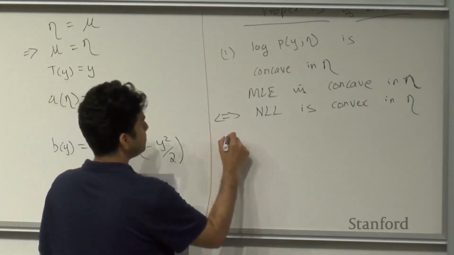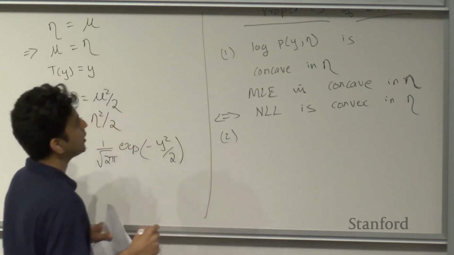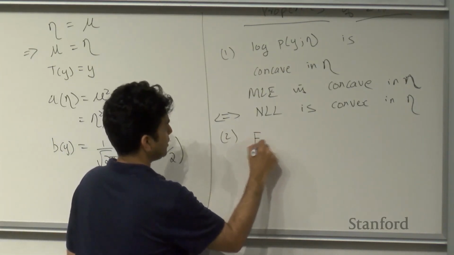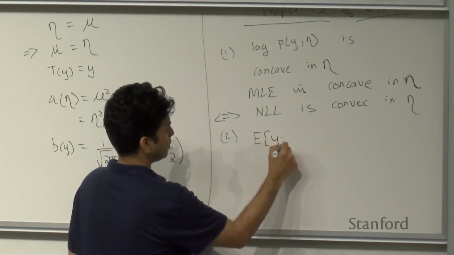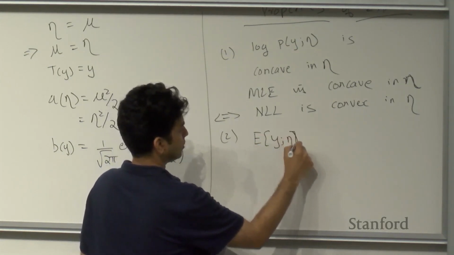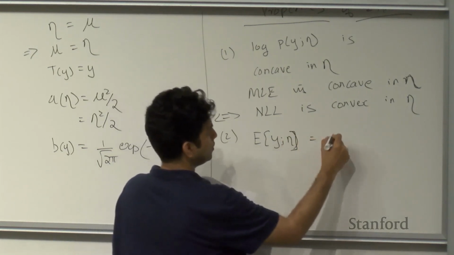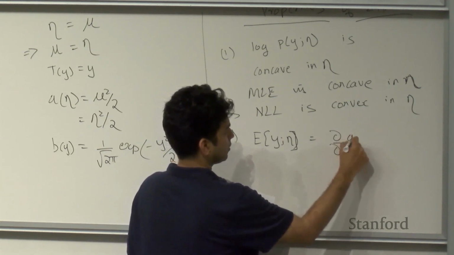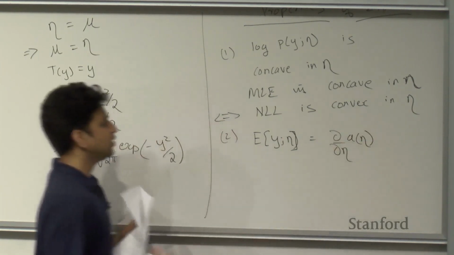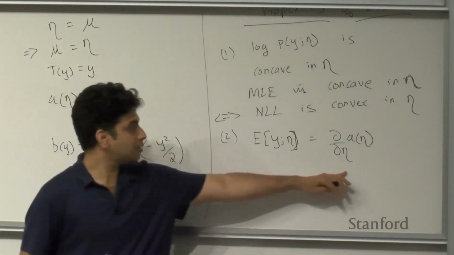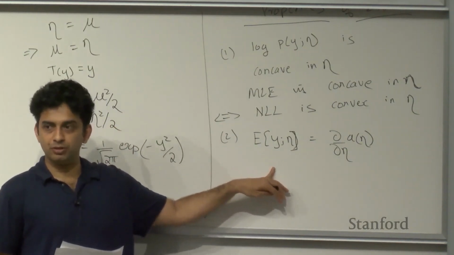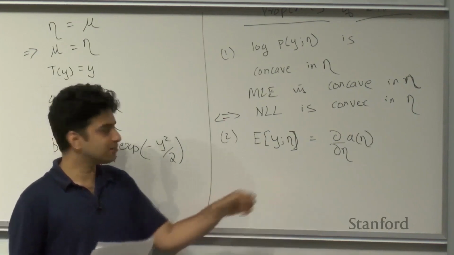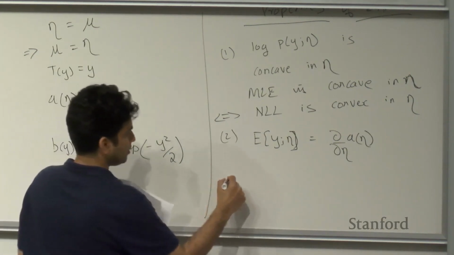Another property is that the expectation of y given eta is equal to the first derivative of the log partition function. So the first derivative of the log partition function is the expectation of the distribution. Right? This might look a little surprising, why is this the case? We'll see.